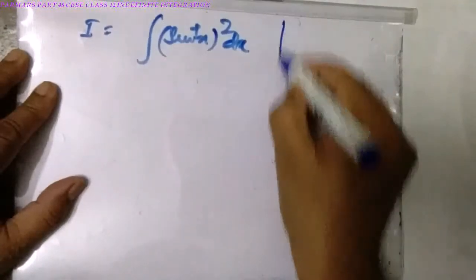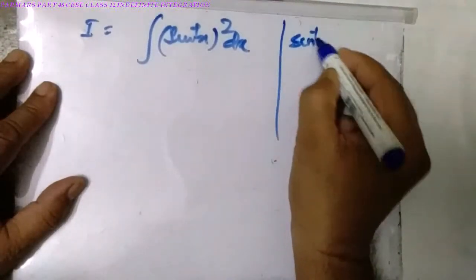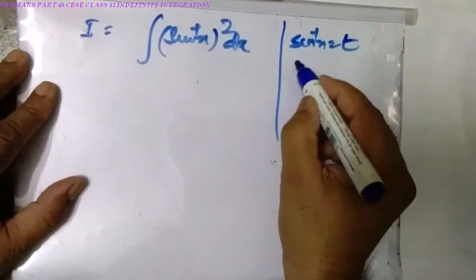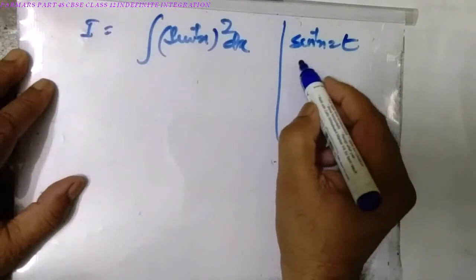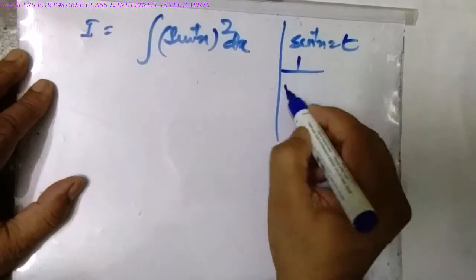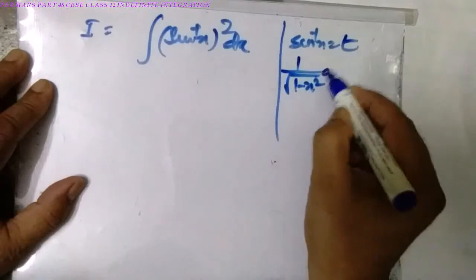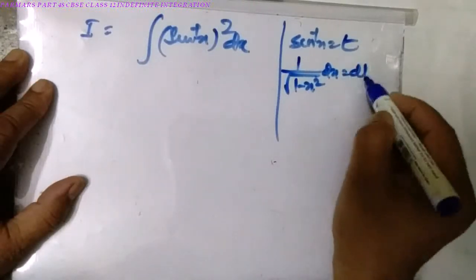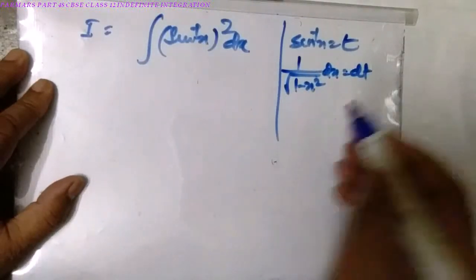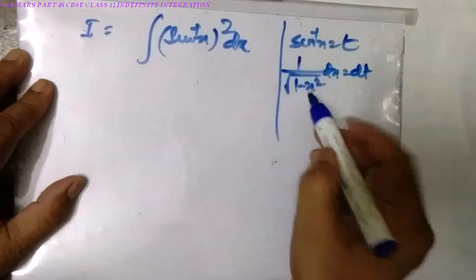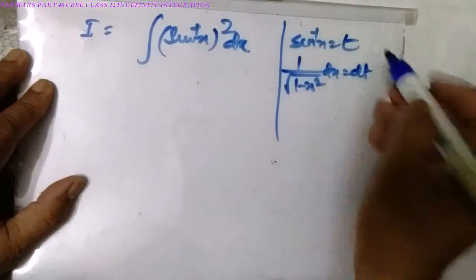Again, I am going to let sin inverse x be t. On differentiation, it is root under 1 minus x square dx equals dt, but again I am saying that dx only. So root under, what is t?